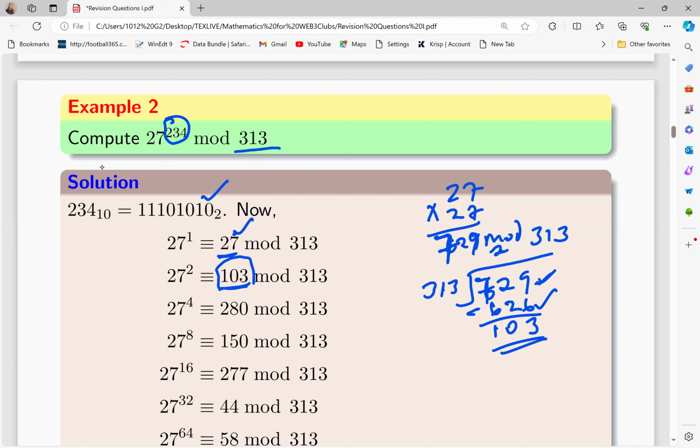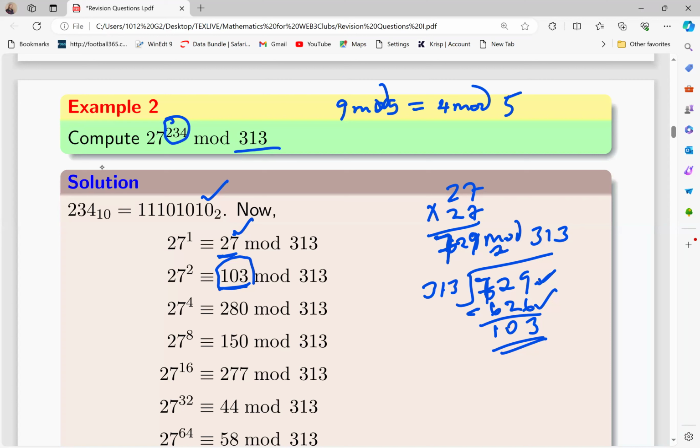So if somebody writes 9 mod 5, you divide 5 into 9, it goes in once, and the remainder is 4. So you reduce it this way. We're always writing the remainder.